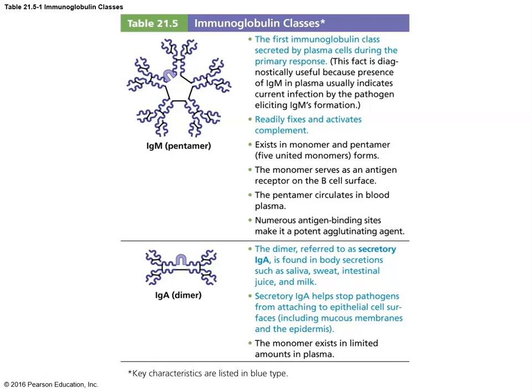The first one is IgM, or immunoglobulin M, which is part of a primary response. If you look at someone's blood and there are high concentrations of IgM, that tells you you're probably in the middle of or shortly at the end of a primary immune response. It's readily involved in the complement system.